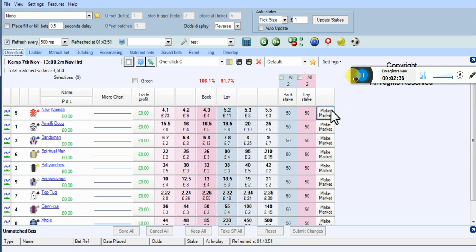And once you actually click make market, you'll place one trade on the back bet and one trade on the lay bet. And the idea is because it's a static line, the liquidity is being entered on the back bet and the lay bet pretty much in equal measure. So when your trade and your scalp goes on the back bet and the lay bet, then it's going to gradually get eaten away.